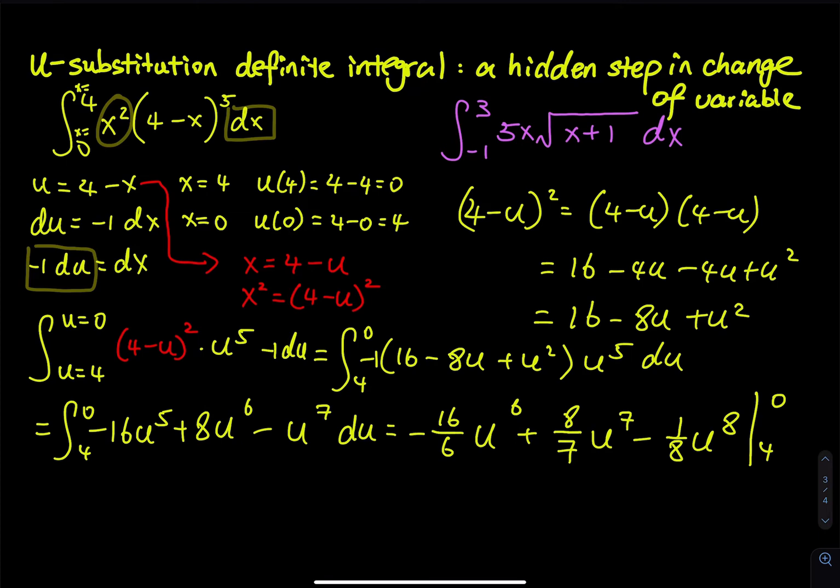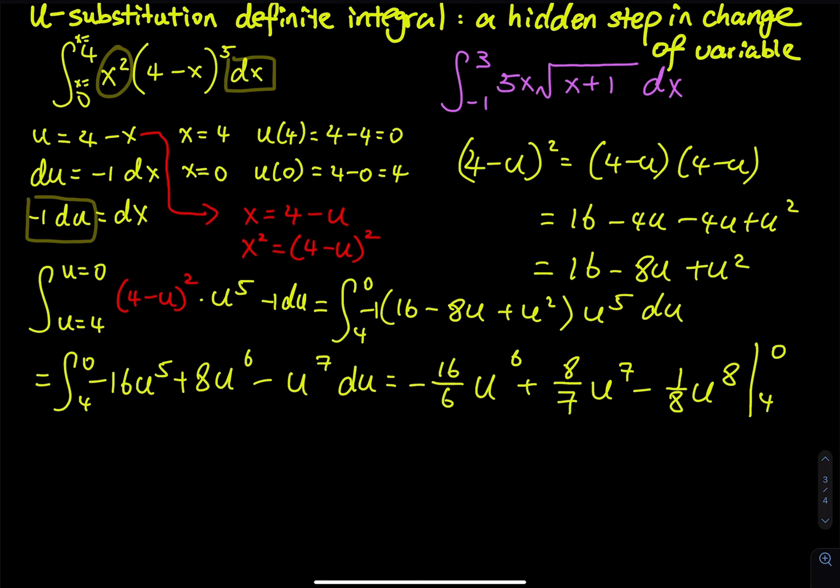So once you put the 0 in, everything is gone. So you will have a negative 16 over 6, which will be negative 8 over 3, right? And then 0 to the 6, and then plus 8 over 7 and 0 to the 7th power, and then minus 1 over 8 and 0 to the 8th power.